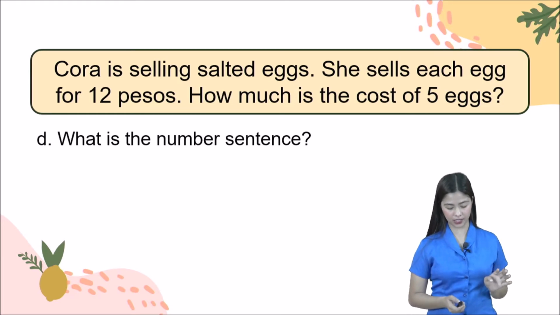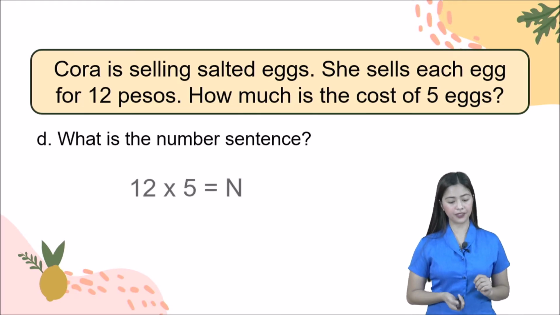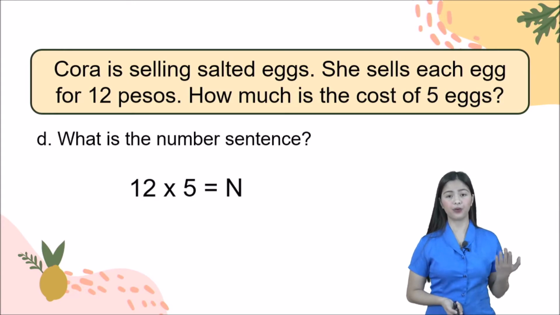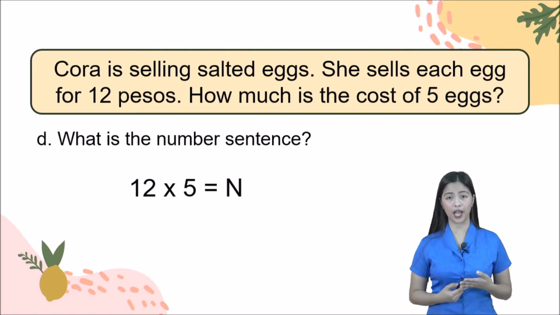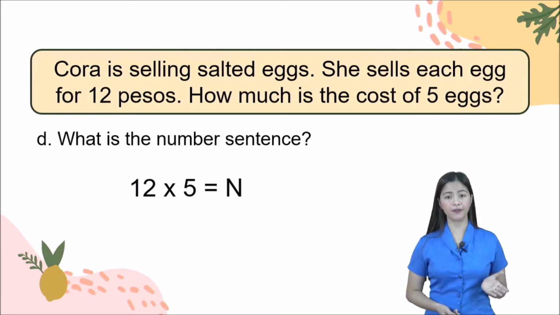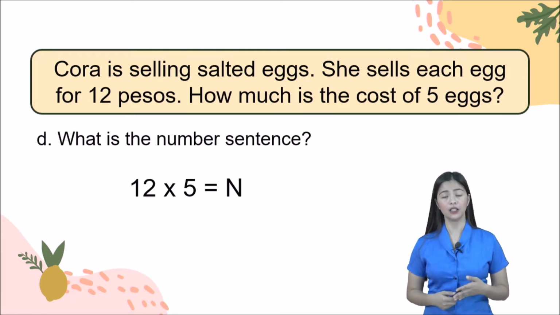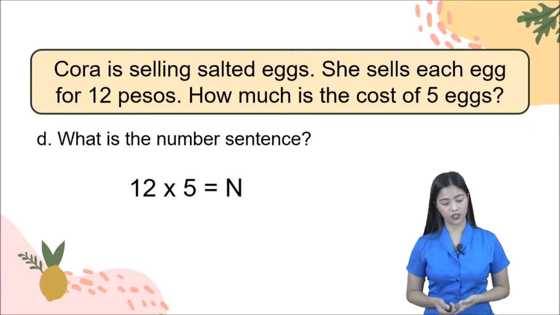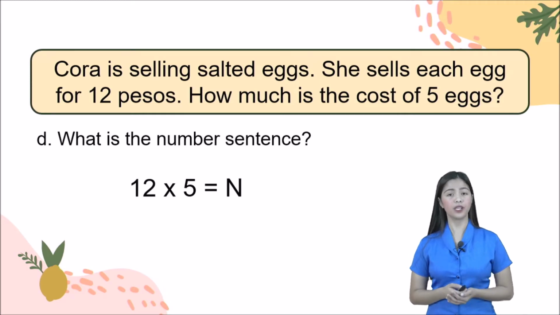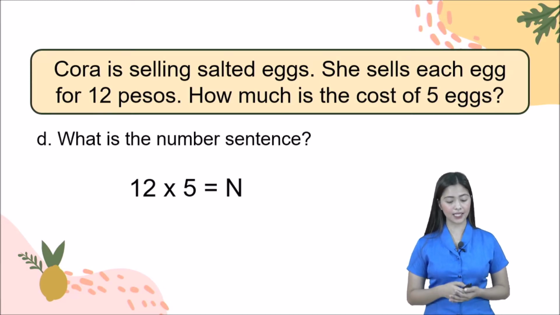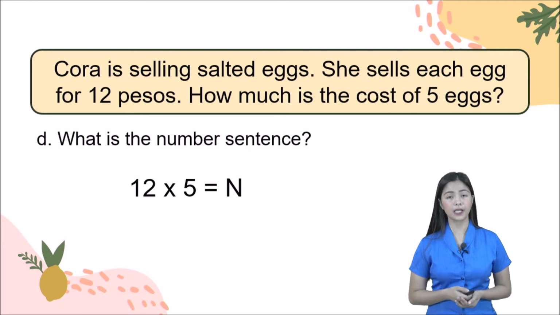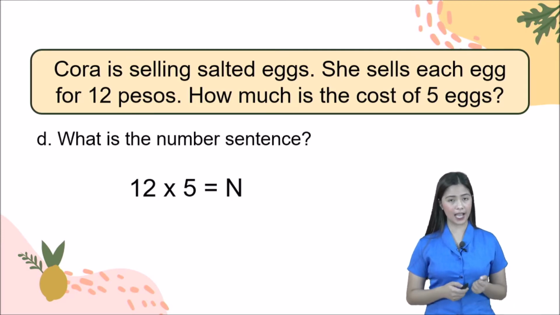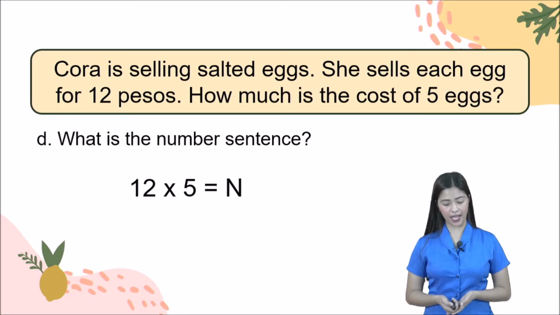We simply write 12 times 5 is equal to n. 12 stands for the cost of each salted egg, and 5 is the total number of eggs being sold. We use n because n stands for the missing number, since we did not yet do our solution, so the answer is not yet found.